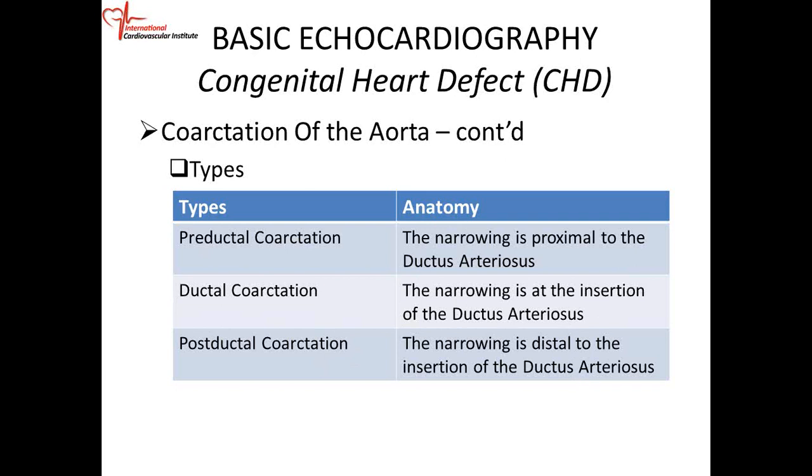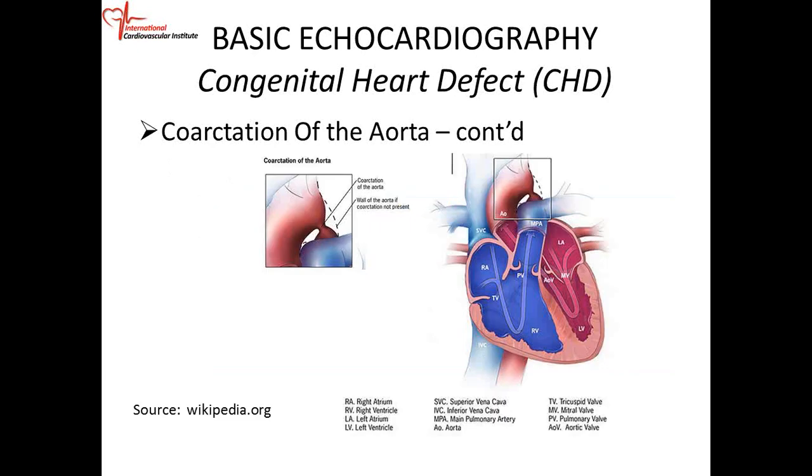Again, sometimes we use the left subclavian vein as the marker because it's usually a similar location. Coarctation means a narrowing, and the narrowing is in the descending aorta.